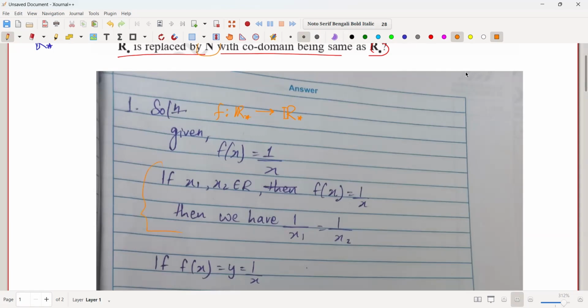No, this is not right. Given f(x) equal to 1 by x, now let x1, x2 belongs to R star and f(x1) equal to f(x2).